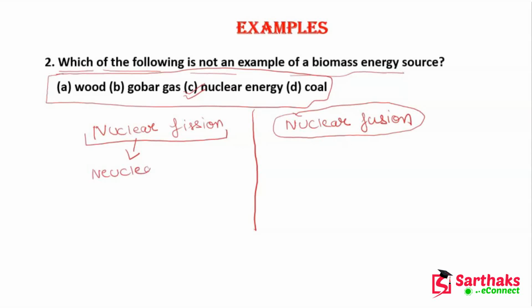In a nuclear reactor we use a high amount of heat. These reactions produce a high amount of heat which can be used to boil water, or convert water into the gaseous state, steam, and this steam is used to rotate the turbine, and whenever the turbine rotates it generates electricity.